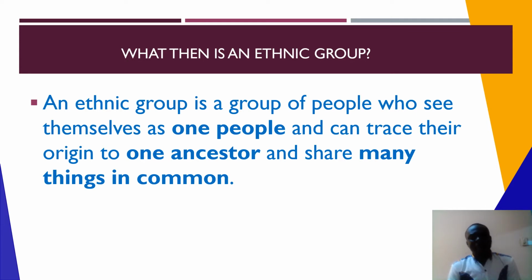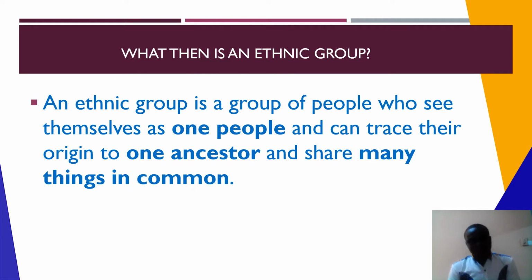An ethnic group is a group of people who see themselves as one people and can trace their origin, where they come from, to one ancestor, and as well share so many things in common.